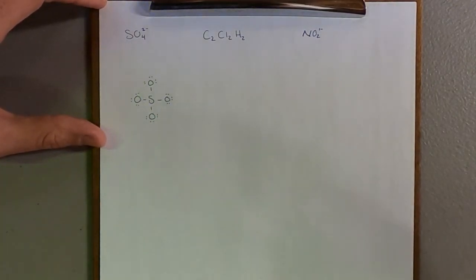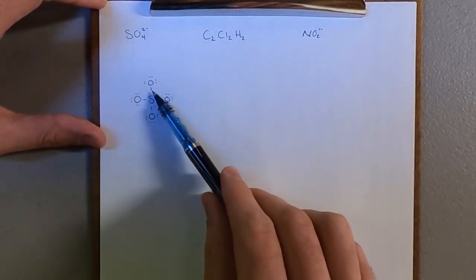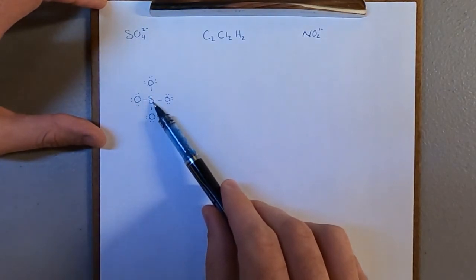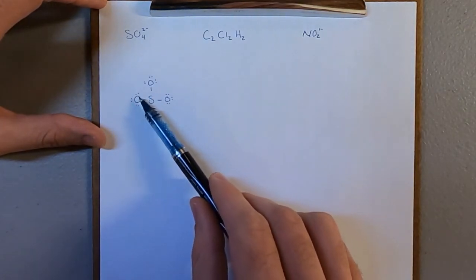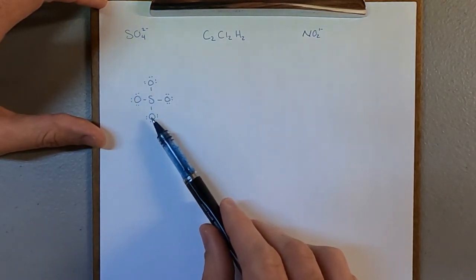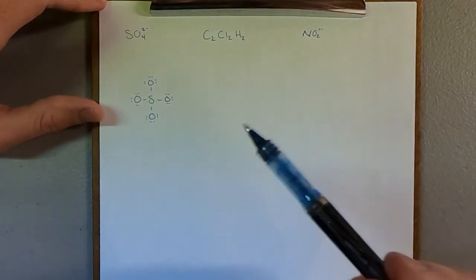And so it would appear that this is a correct Lewis dot diagram, especially because with the 4 bonds connected to it, the sulfur is stable. With 1 bond and 6 dots, each oxygen is stable. But what we didn't go over before is a concept called formal charge.